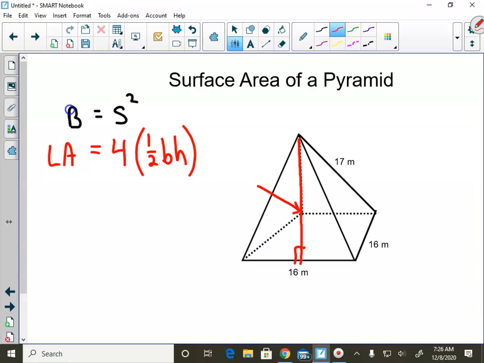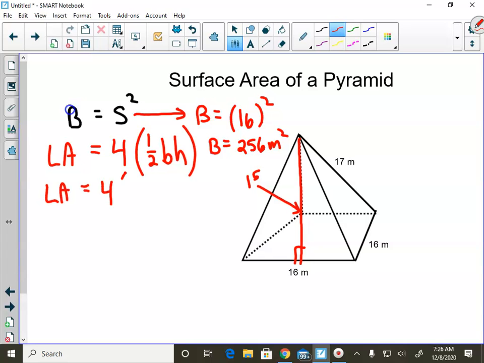And we know that that's going to be 15. So now the base is going to be equal to 16 squared. So our base we know is going to be 256 square meters.